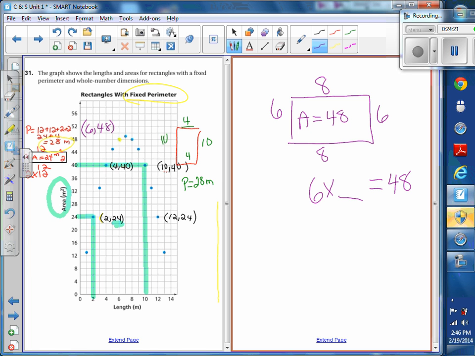How'd you get that? I added 8 plus 8, which equals 16. 6 plus 6 equals 12. So 16 plus 12 is 28. 28 meters. She just knew fixed perimeter meant they should all be the same, right? But we were checking, so every single rectangle that's represented by a dot there has a perimeter of 28, so that's part D.